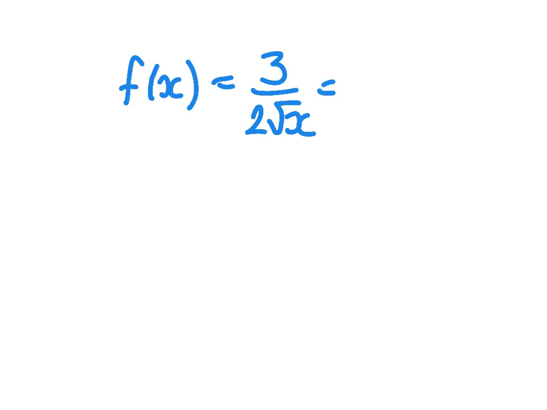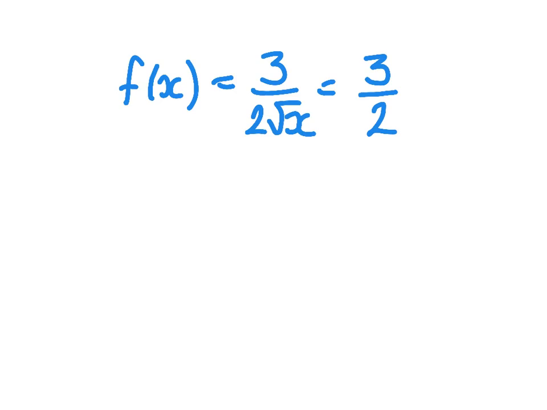X is on the denominator of a fraction, and it's under a root. So we're going to need to find a different way of saying 1 over the square root of x. The 3 staying where it is and the 2 staying where it is.